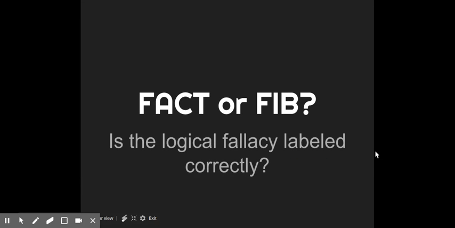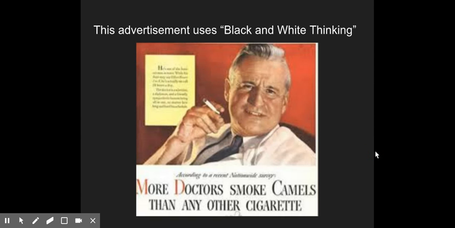All right, so now we're going to practice a little bit. Does the logical fallacy match the advertisement that you see? So this advertisement uses black and white thinking. So this advertisement does not use black or white thinking.